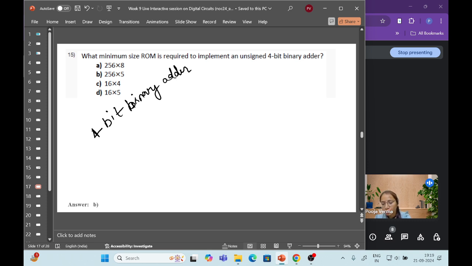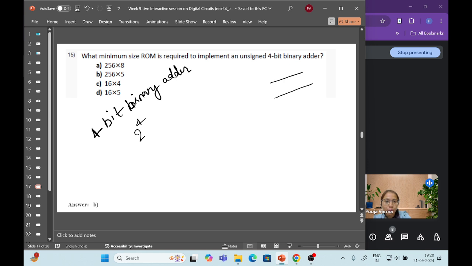So in the ROM, we already know that we cannot write. So to implement a 4-bit binary adder, we need to store all the possible combinations because after that we cannot write. We have to write at once only. For 4-bit, there are two 4-bit numbers required to add.